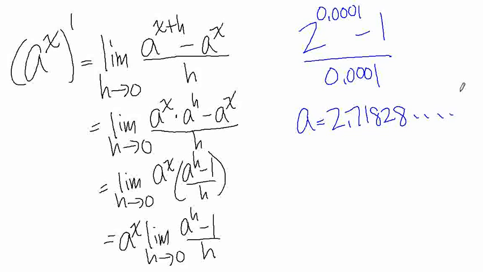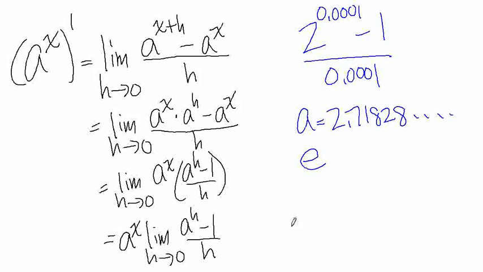Now, that decimal is a famous number. That's what's referred to as the natural base. That's called e. So apparently the derivative of a to the x is equal to a to the x when a is equal to e.